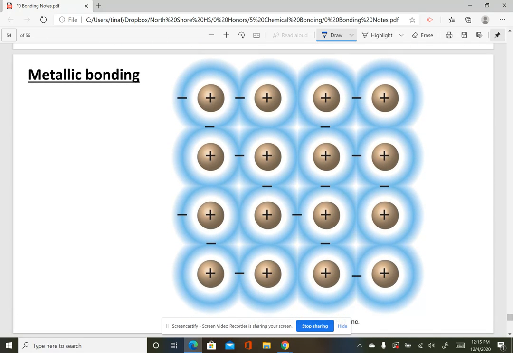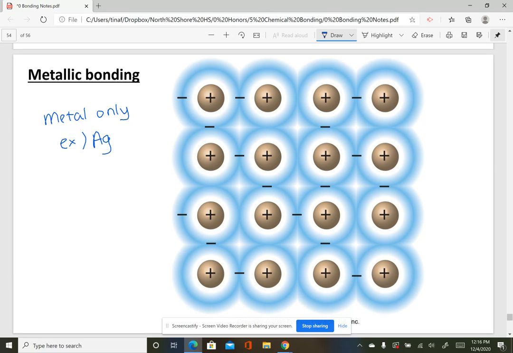Metallic bonding is something we have not talked about yet either. Metallic bonding is very simple. Basically, it's when you have metal only. You don't even have to think it's a compound of metals. It can just be one metal, for example, silver.